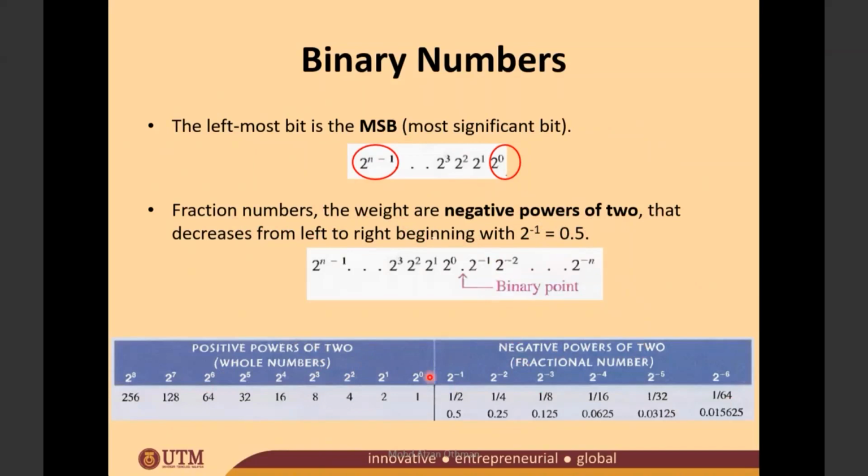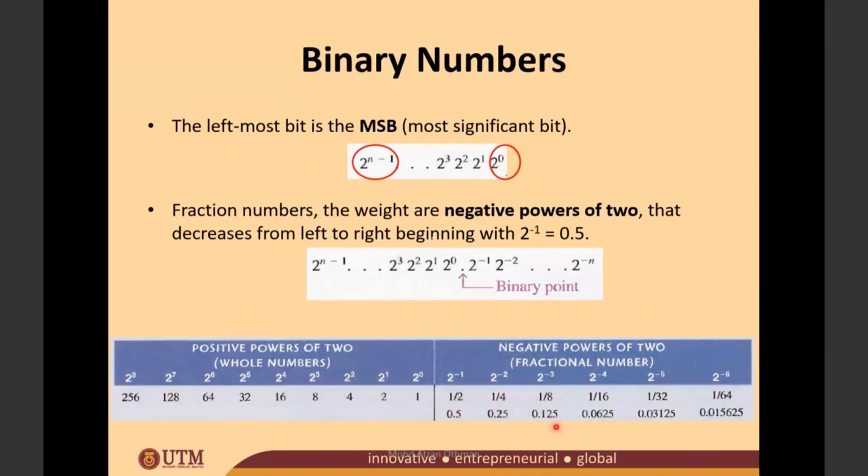Okay, for the whole number, kalau kamu tengok 2 kuasa 0 ialah 1, 2 kuasa 1, 2, 2 kuasa 2, 4, 8, 16, 32, 64, 128, 256. Okay, kalau fractional number 2 negatif 1 sama dengan 1 bahagi dengan 2, which is 0.5. Yang ni 2 negatif 2 sama dengan 1 bahagi 2 kuasa 2. Okay, which is 1 bahagi 4, 0.25. And then seterusnya.